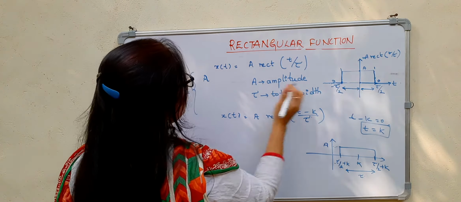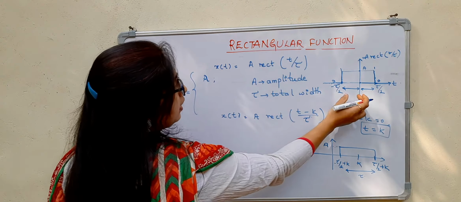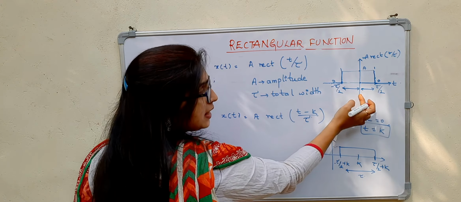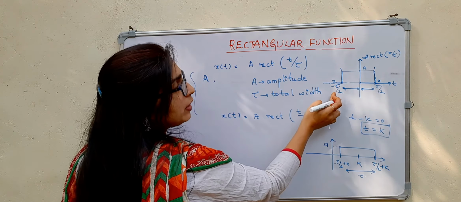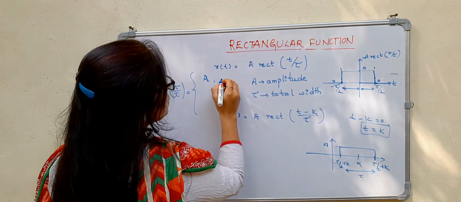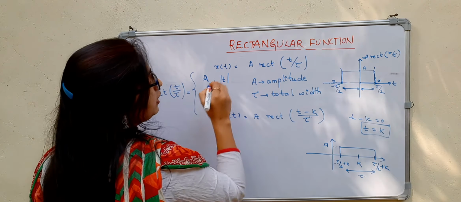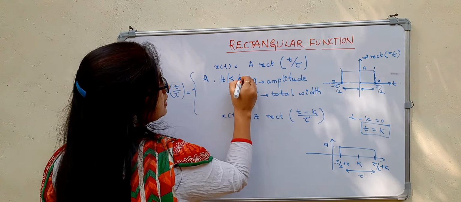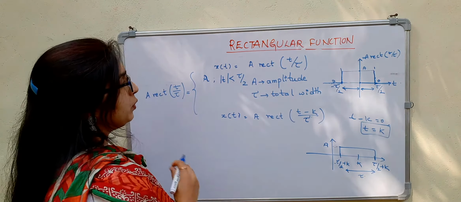It is equal to A when t is less than tau by 2 and when it is greater than minus tau by 2. So I can also consider this as mod t less than tau by 2.